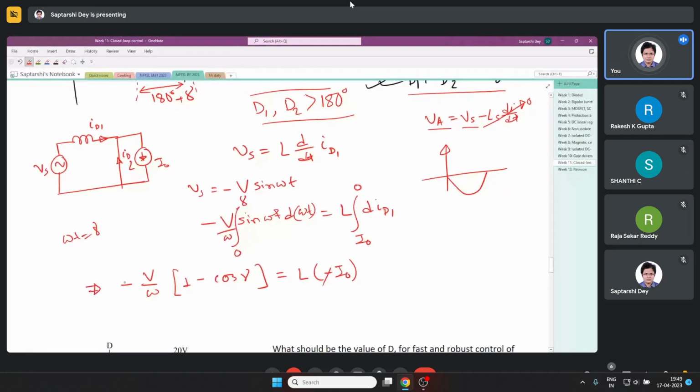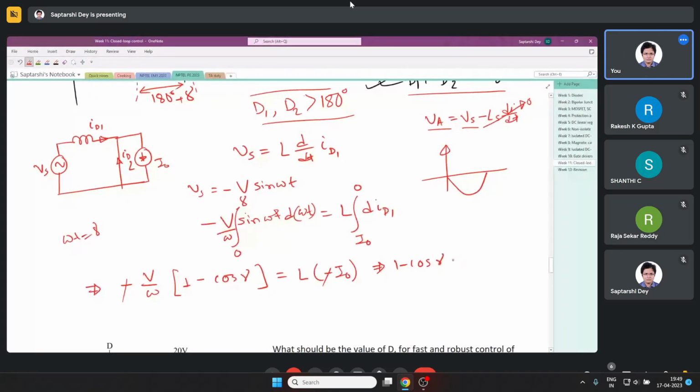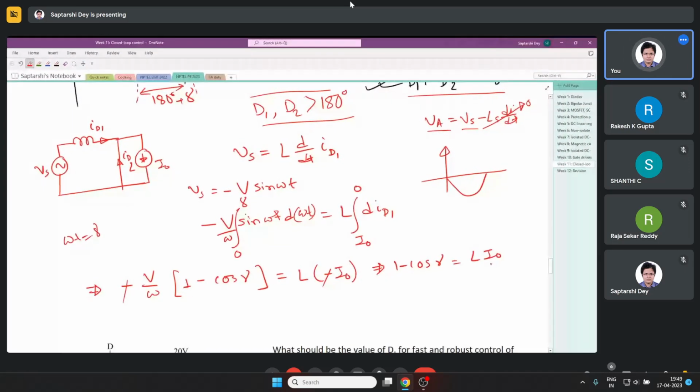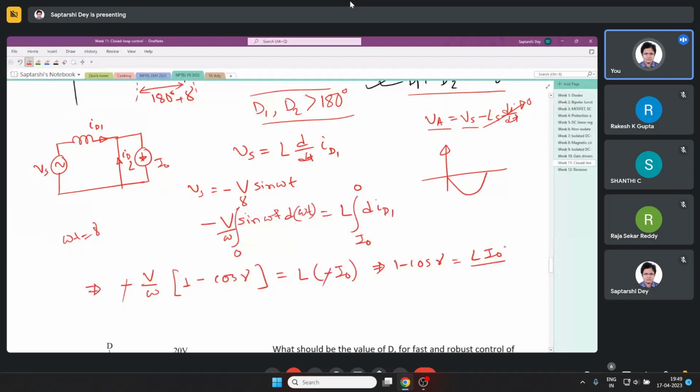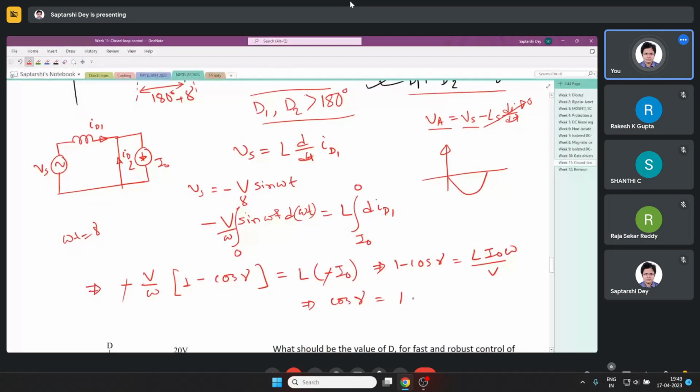So this minus cancels out. What I have is 1 minus cos gamma is equal to L I naught omega by V. So cos gamma is 1 minus omega L by V I naught.